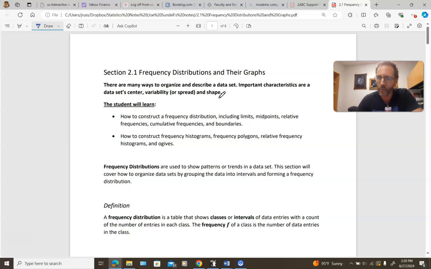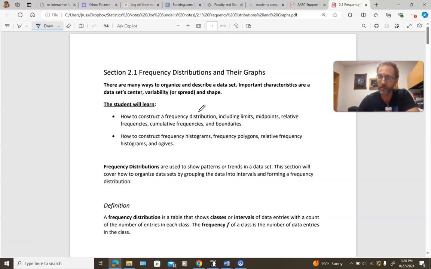We need a visual way to look at the data so that the data can more readily paint a picture for us or tell us a story, okay? All right, so the learning objectives, we're going to look at how to construct a frequency distribution. I'm going to do one by hand.